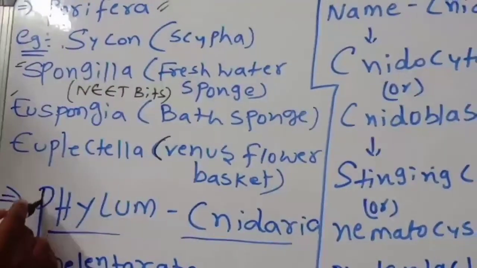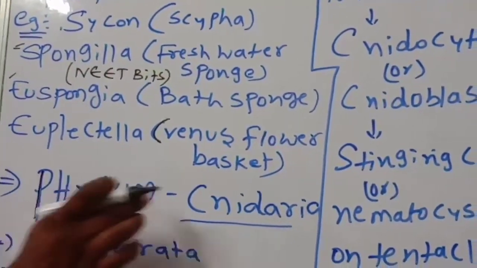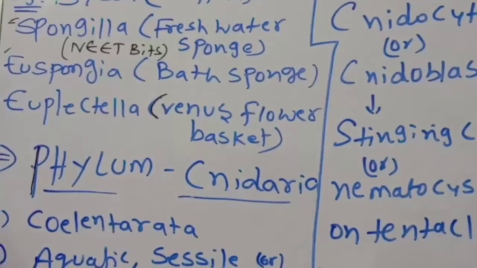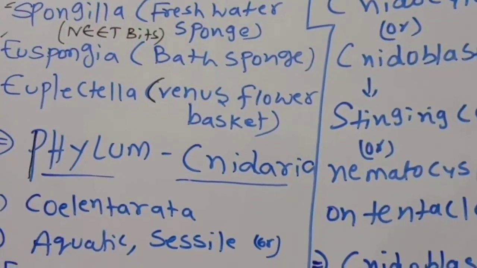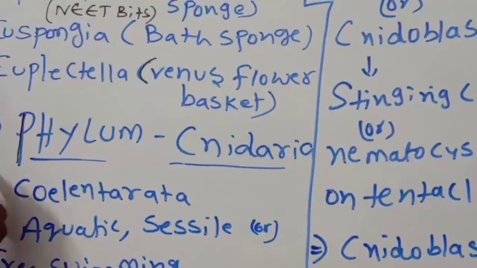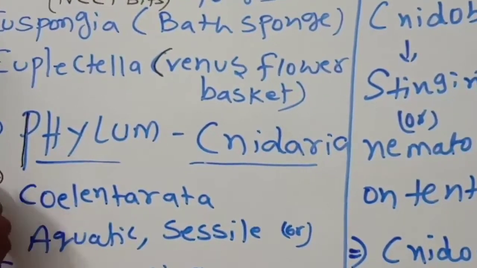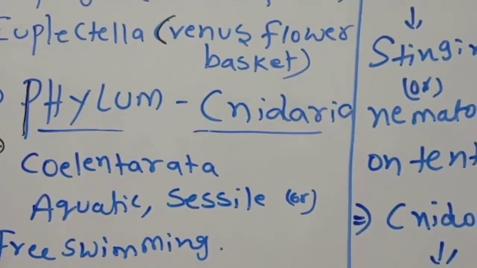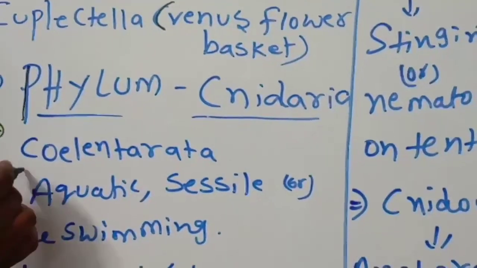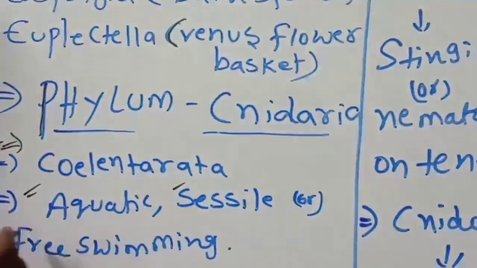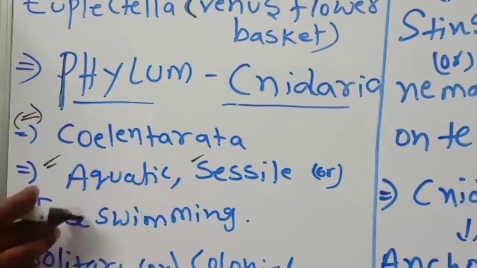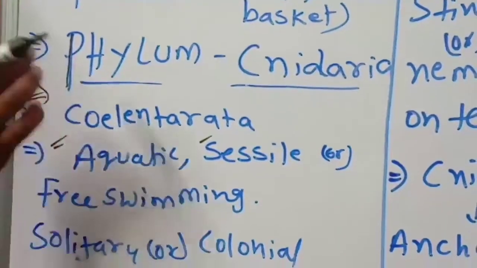Come to the next phylum, the second phylum, Cnidaria. Another name of phylum Cnidaria is Coelenterata. They are aquatic and live in water. Some live in fresh water, some in marine water.